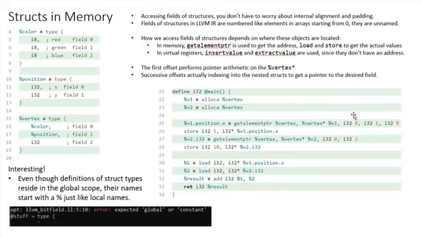So the first offset performs pointer arithmetic on the pointer to the actual structure type, just like in the array examples shown previously. The next offsets are used for indexing into the nested structs, and there may be more than one level, and getting a pointer to the desired field. And after that, we store into that pointer just like any other variable.